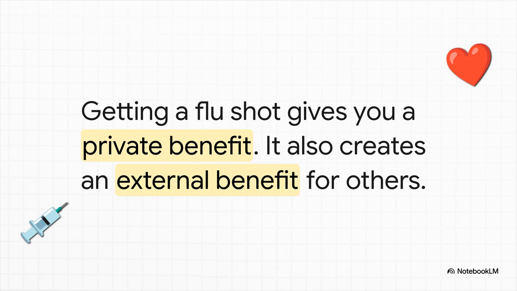Okay, now let's flip this whole thing on its head and look at a positive externality with our flu shot example. When you decide to get a flu shot, you're thinking about the benefit to you, not getting sick. That's a private benefit. But here's the thing, you're also creating a huge benefit for everyone around you. They're now less likely to get sick too. Your one decision has this positive ripple effect. But the market doesn't reward you for that extra benefit you're providing.